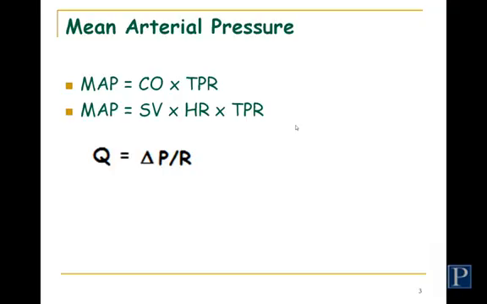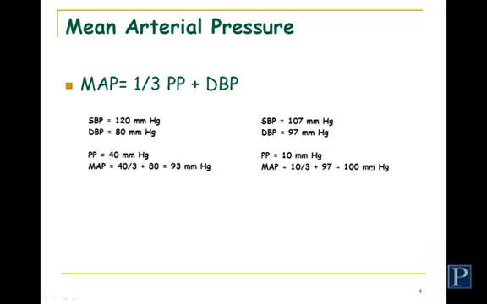So I just want to show you that you can have an increase in cardiac output, but mean arterial pressure not change. But if you change cardiac output and you keep total peripheral resistance the same, yes, mean arterial pressure will change. Now, the other equation for mean arterial pressure is this one here. Mean arterial pressure is equal to one third of your pulse pressure plus your diastolic blood pressure.